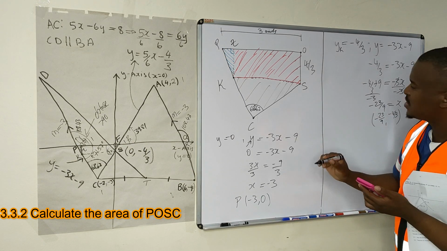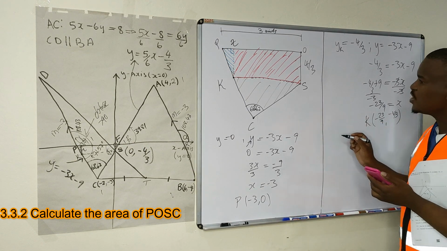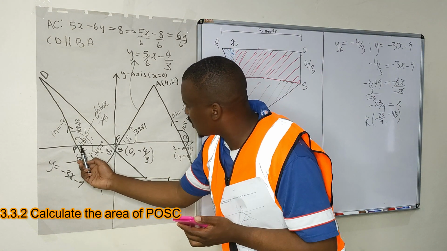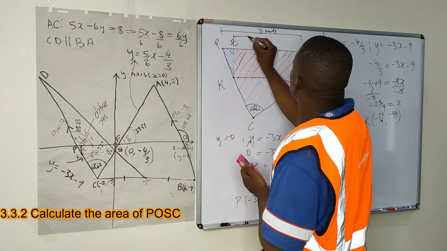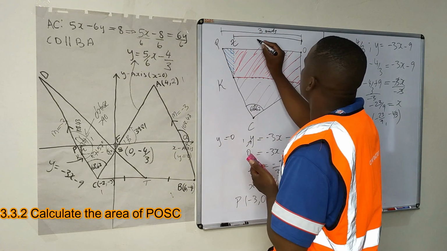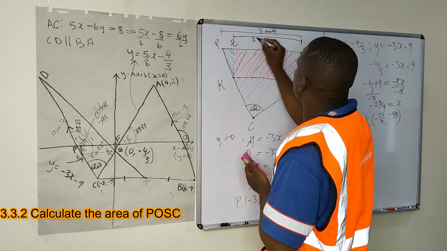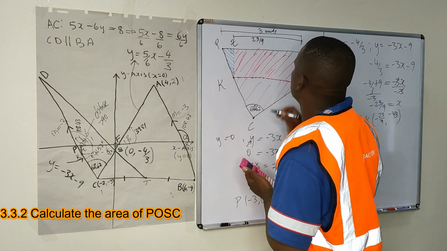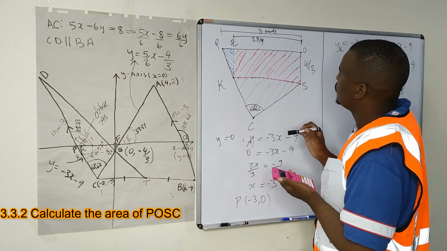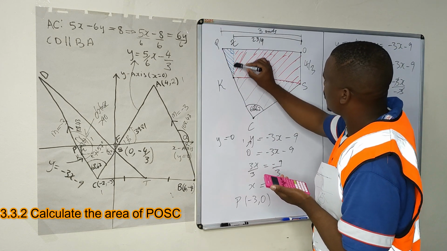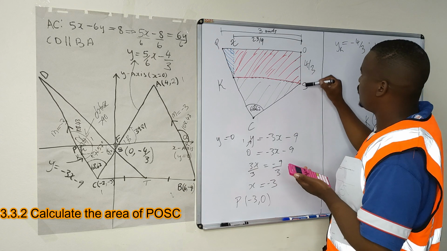These are the coordinates for k. So what that means is from here to that point is 23/9. So from this point to 0 is 23/9. So this is the distance from 0 to z. And you have this part here. You know what this is. It's 4/3.